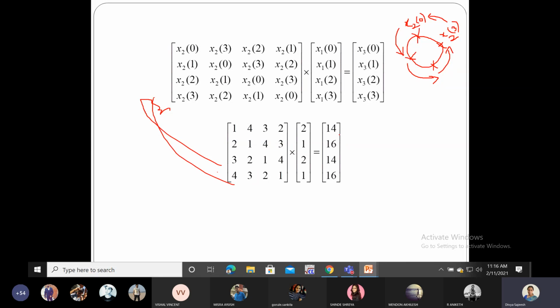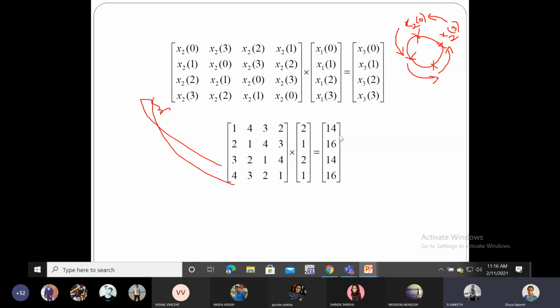Got it? Ma'am, so the resultant matrix form is the final y of n. Yes, x3 of n will have 4 samples in this case.